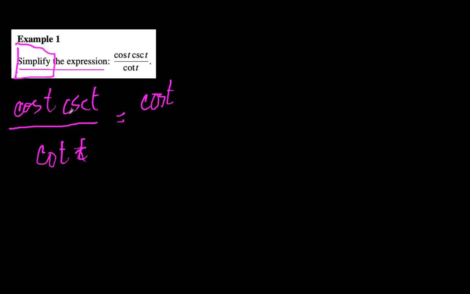Kaya better simplify first the given expressions. So, pwede nyo munang paglaruan yung mga expressions na yan. Factors or terms. So, what is cosecant? Cosecant is 1 over sine t. So, anyway, let's just play with it.